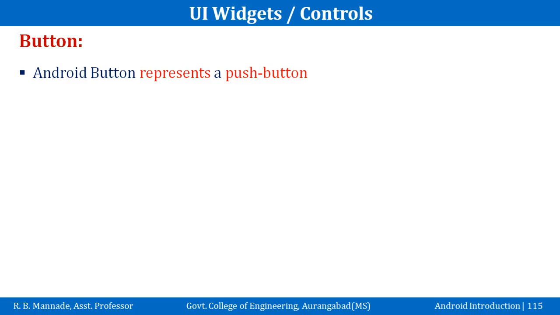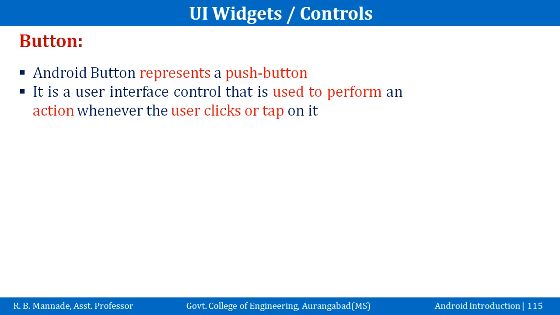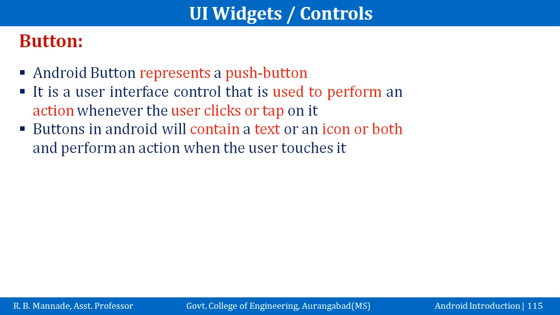Here an Android button represents a push button. It means whenever the user clicks or taps on that particular button, some particular code will be executed. A button is a user interface control that is used to perform an action whenever the user clicks or taps on it. A button in Android will contain a text that reflects the purpose of that button.